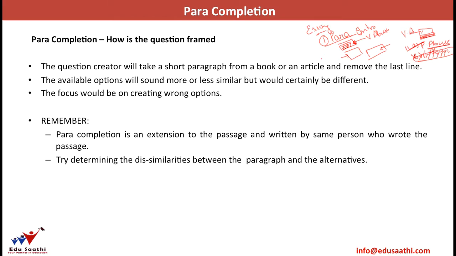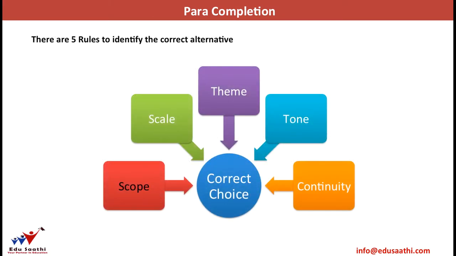So let us discuss certain rules to identify the correct alternatives in paragraph completion questions. Now, mind it, there is no set of defined rules to find the answers. Any question may be framed differently and may have a very different perspective to answer.